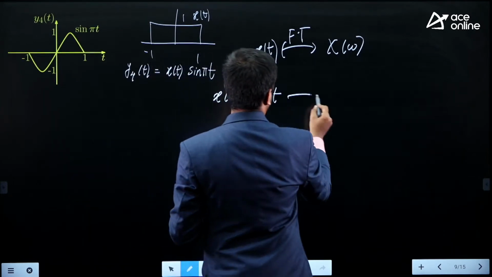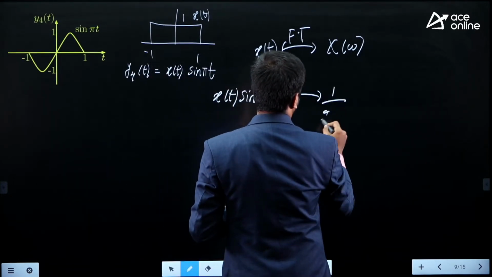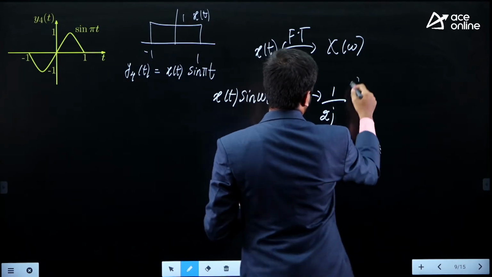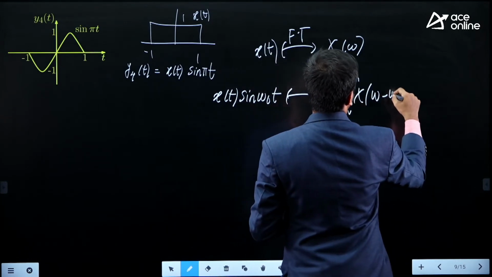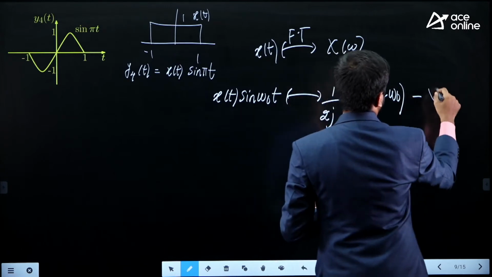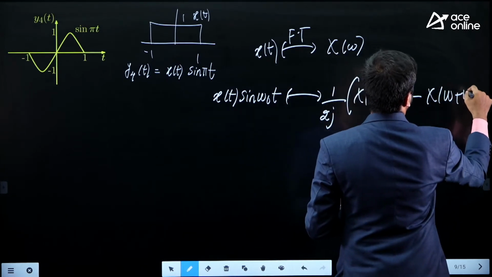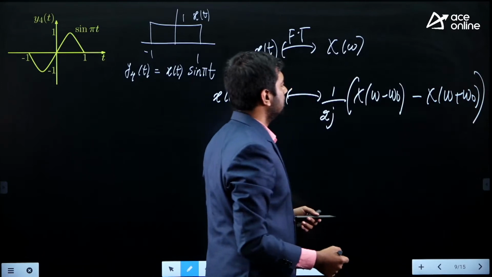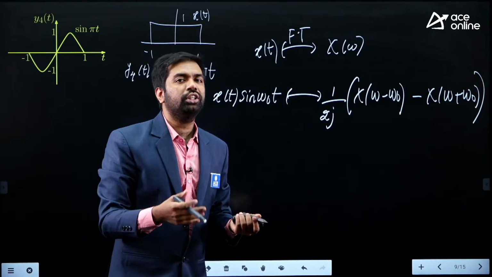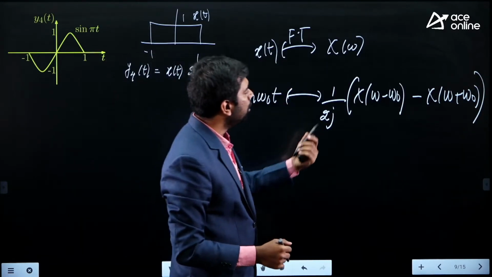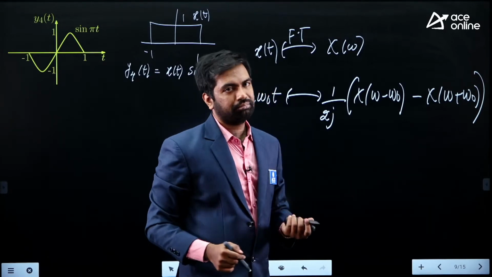It is 1 by 2j, X of omega minus omega naught minus X of omega plus omega naught. This is called the modulation property.